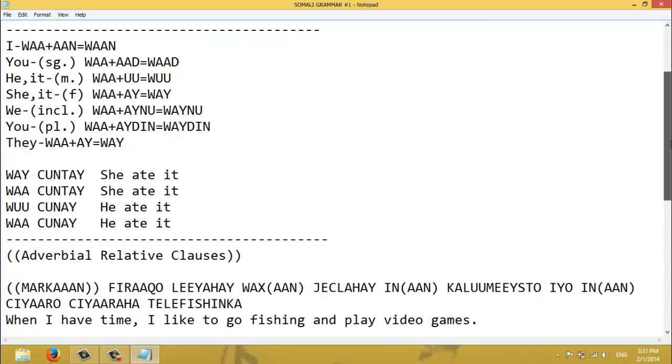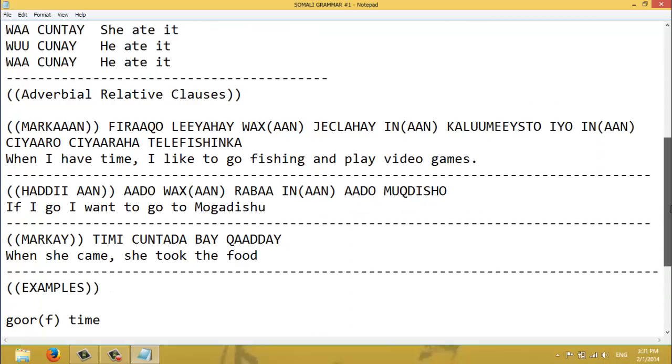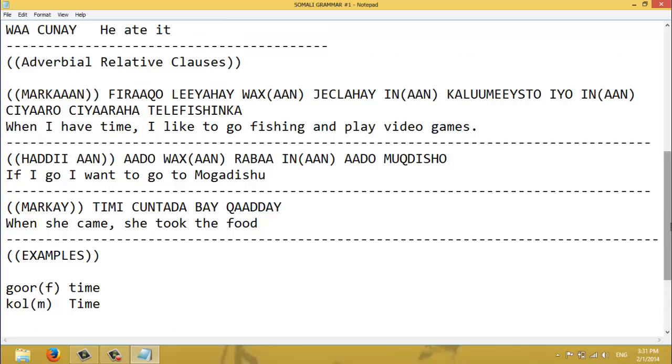Now we go down to adverbial relative clauses. Since we understand the adverbial subject pronouns, it will make more sense when we come down here. Basically, an adverbial relative clause is words dealing with, such as if and when. Let me read something from the book here real quick, just to read some more formal information.